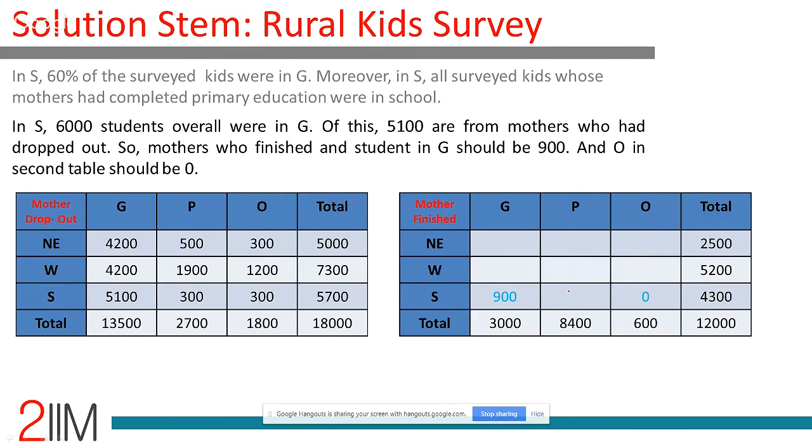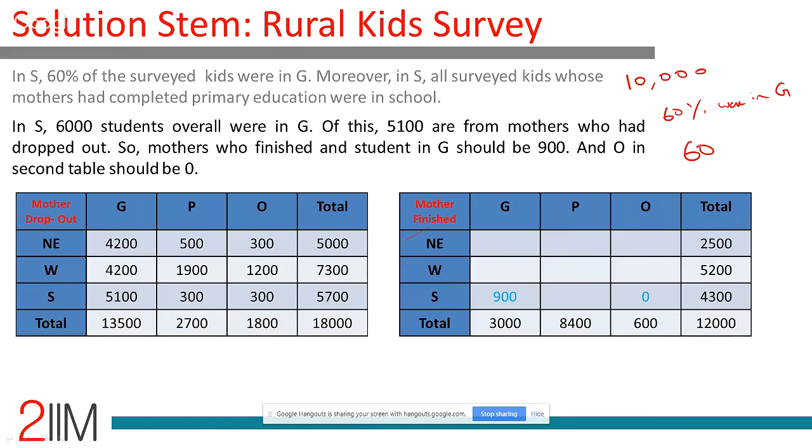Now we go to the clues. In South, 60% of the surveyed kids were in G. Moreover, in S, all surveyed kids whose mothers had completed primary education were in school. 10,000 kids surveyed in South totally, 60% were in government schools.